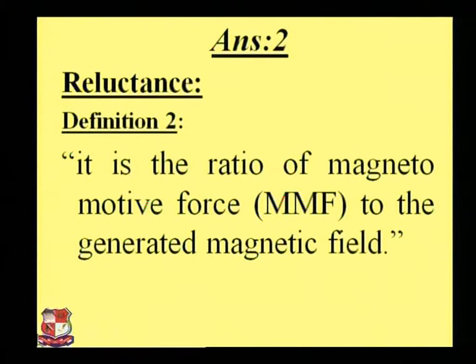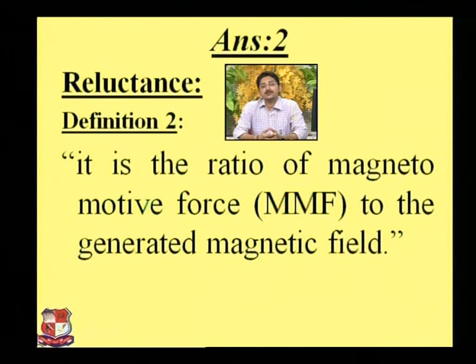The second definition of reluctance: it is the ratio of magnetomotive force, which is shortly known as MMF, to the generated magnetic flux. So if you take the ratio of MMF to the magnetic flux, you can also find out the value of reluctance.